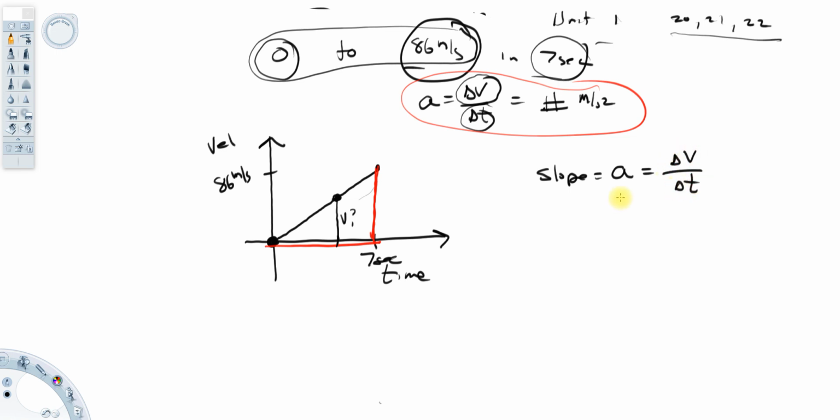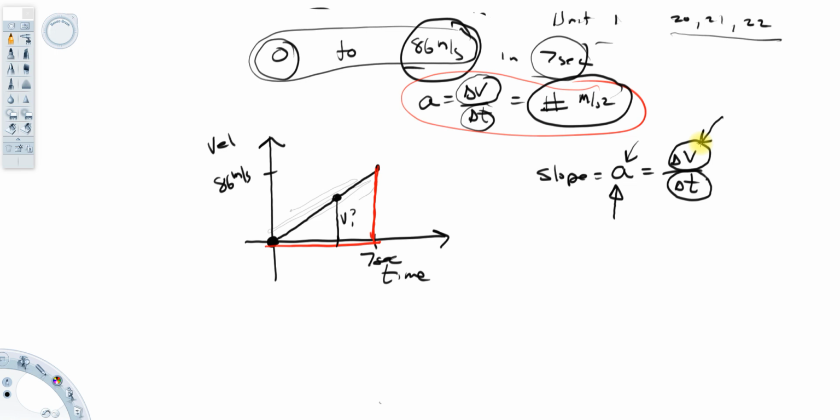An important fact of life here is that the acceleration is the same because this is linear. So you're going to use whatever number you have here for your acceleration. Then put in your delta t. In part B here, the one I'm looking at is for 4 seconds. Then you can calculate your change in velocity, and that will tell you how fast you're going at the 4-second mark.